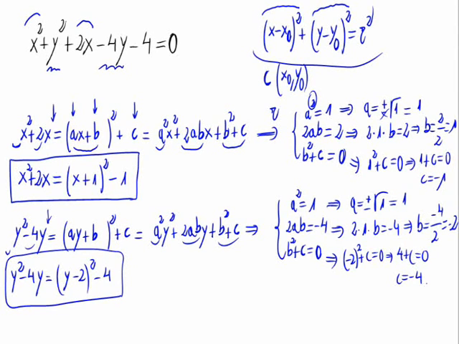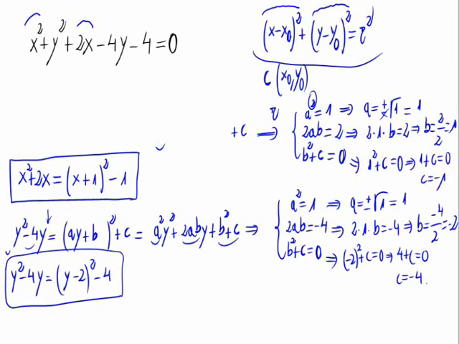Now we are going to substitute the two equations we have just found in the original one in order to obtain the center and the radius of the circumference.